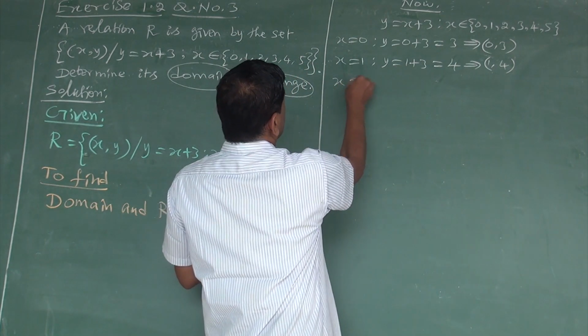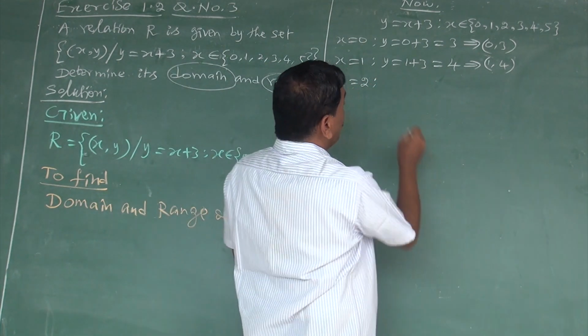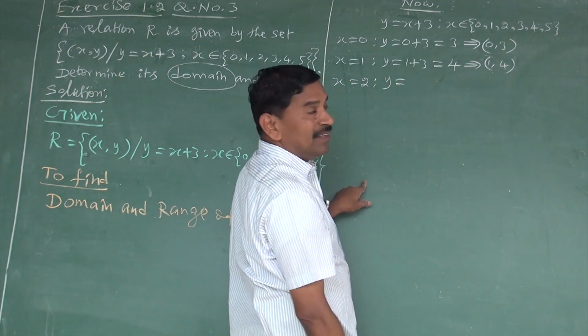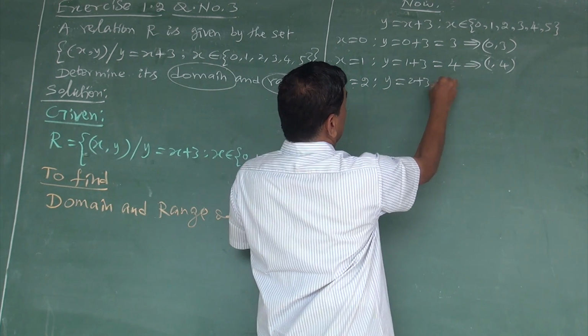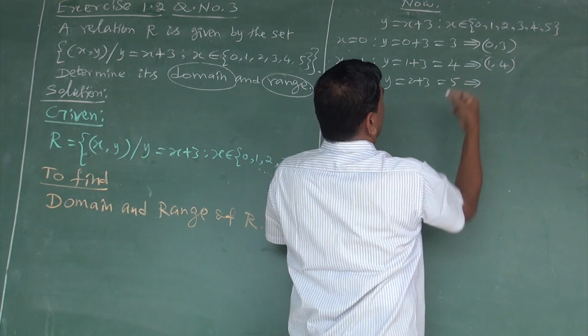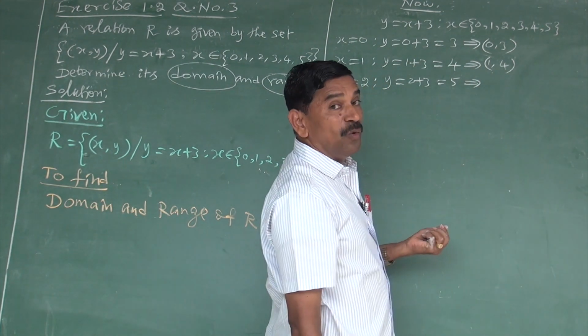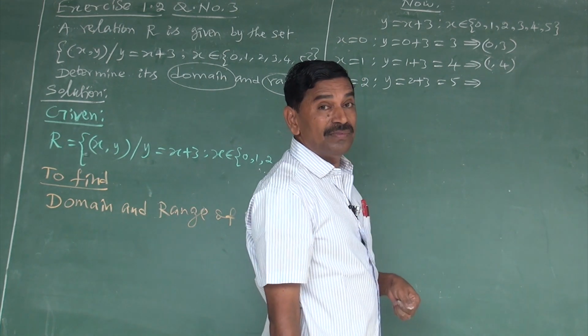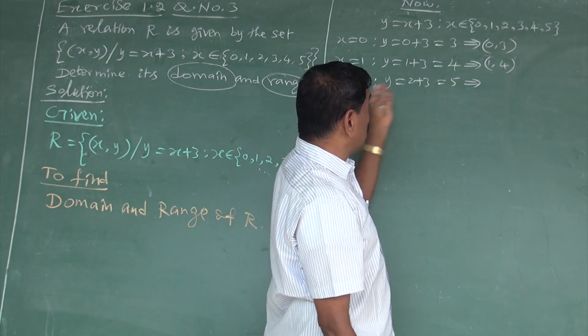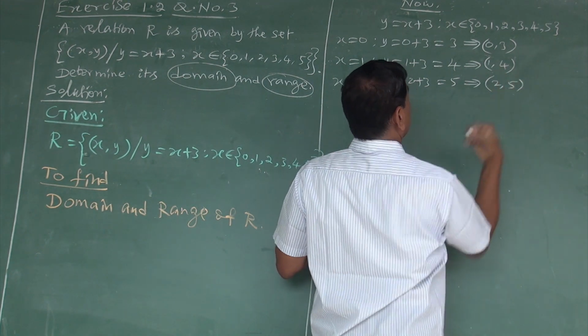When x equal to 2, y is equal to 2 plus 3, which equals 5. Which implies the ordered pair is 2 comma 5, because when x equal to 2, y equal to 5.